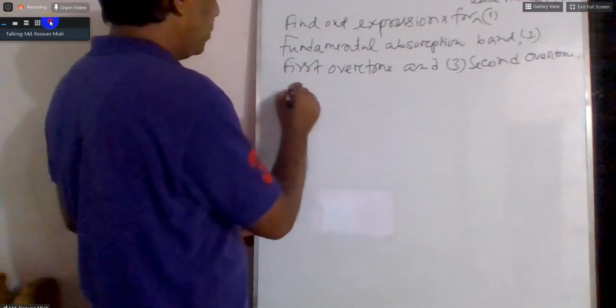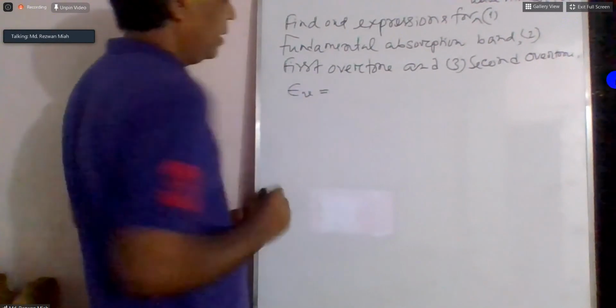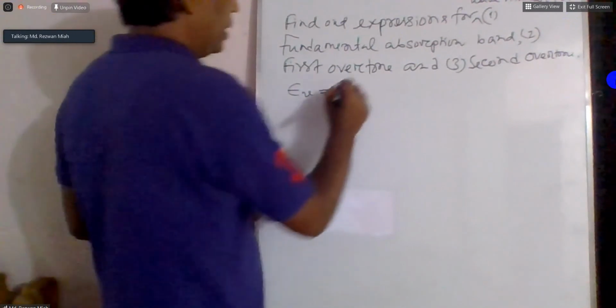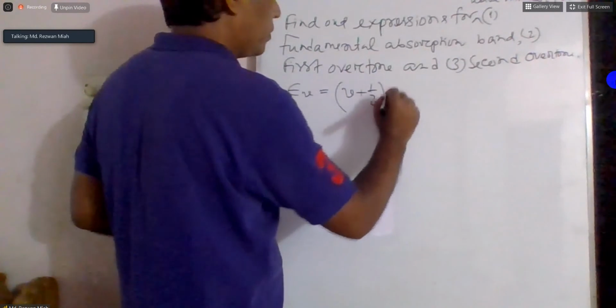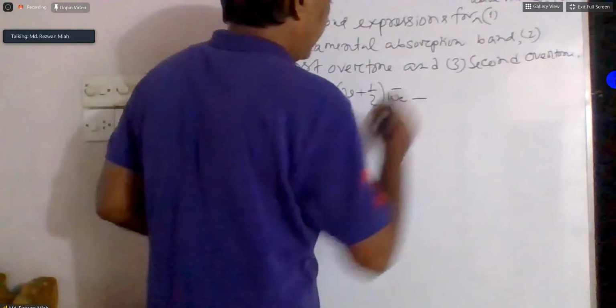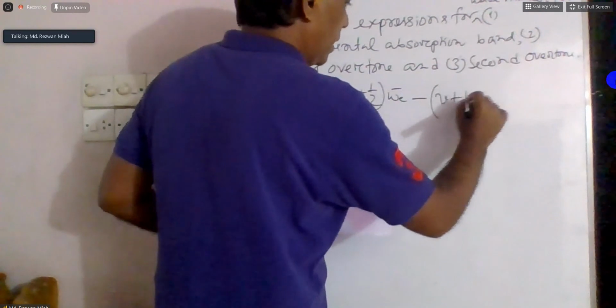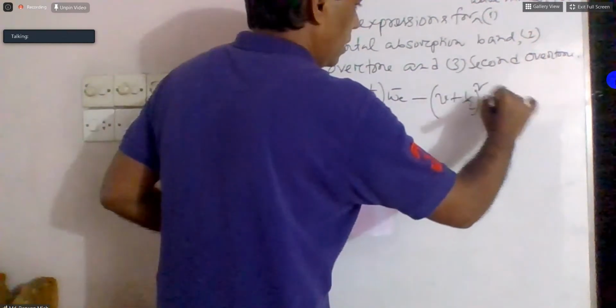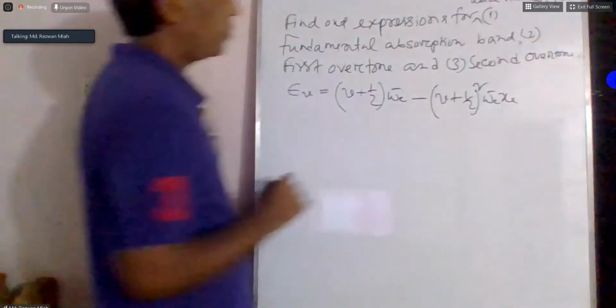So we have to have the energy expression first. So we again recall this equation, the energy of an harmonic oscillator, which is obviously this.